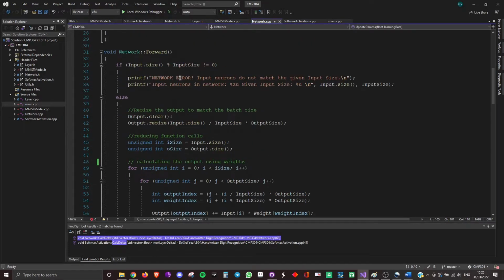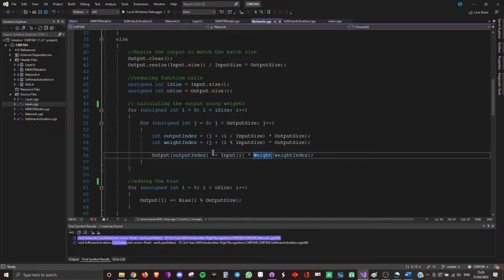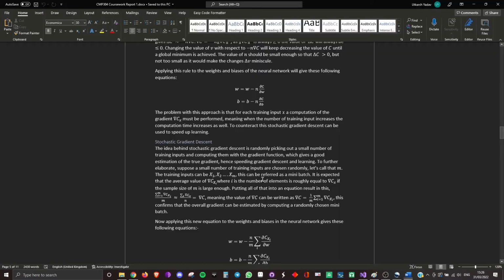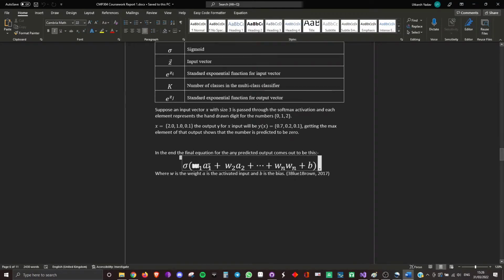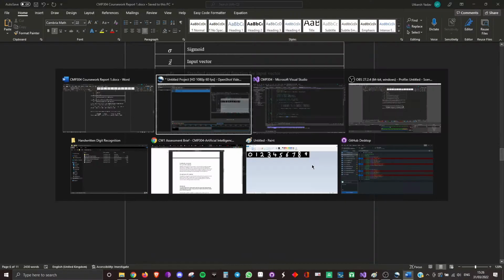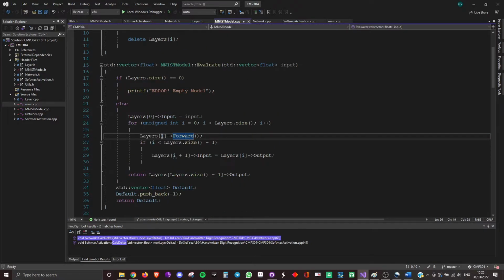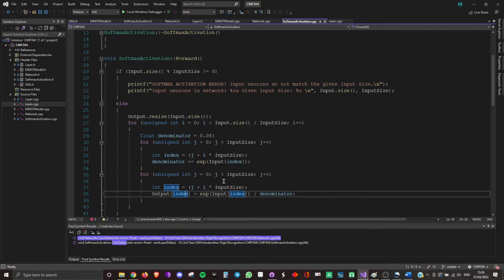In the forward function of the input layer, it calculates the output based on the weight, and then it adds the bias on top of that, similar to this equation over here. That's the weight times the actual input plus the bias. The next forward function it goes to is the softmax activation.